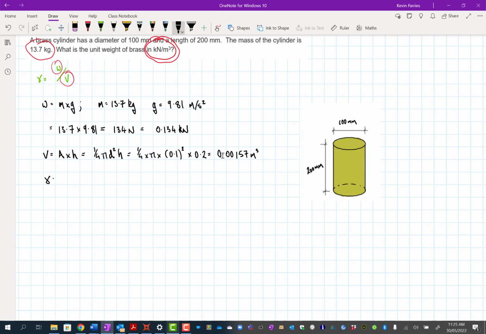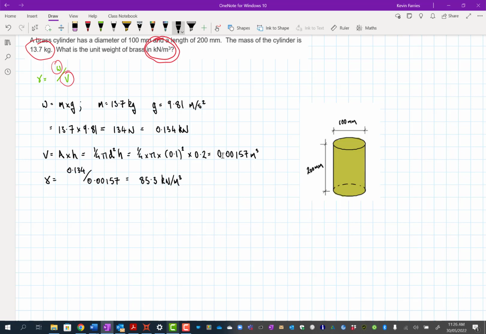The unit weight is equal to weight divided by volume, so 0.134 kilonewtons divided by 0.00157 meters cubed. Put that in the calculator, and you're going to get a unit weight of 85.3 kilonewtons per meter cubed.